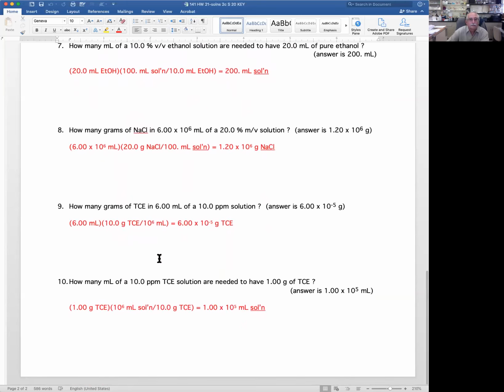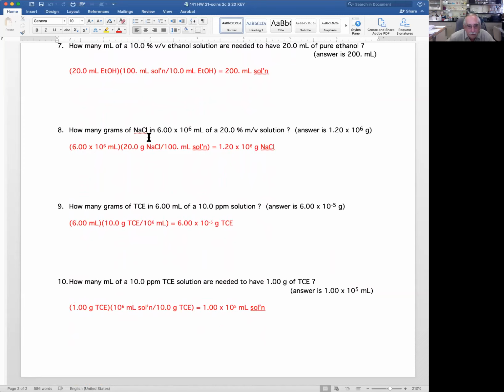So how many grams of sodium chloride in 6 million milliliters of a 20% mass per volume solution? So again, I have to analyze to find out where is my conversion factor. It's right here, right? 20 grams of sodium chloride in every 100 milliliters of the solution.